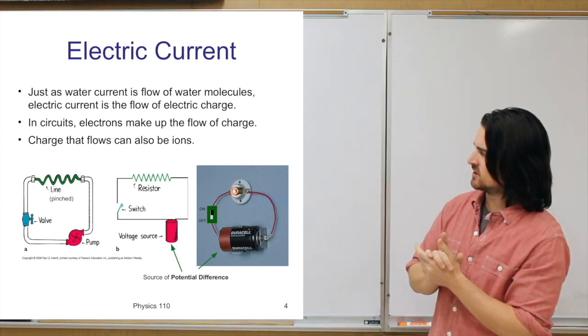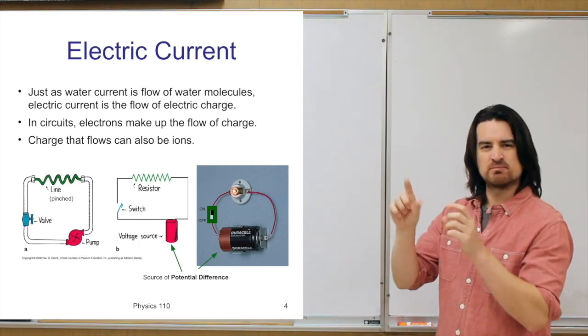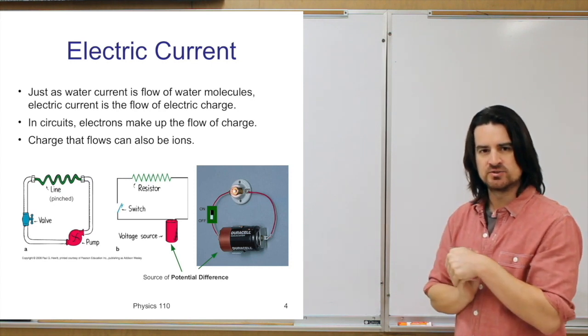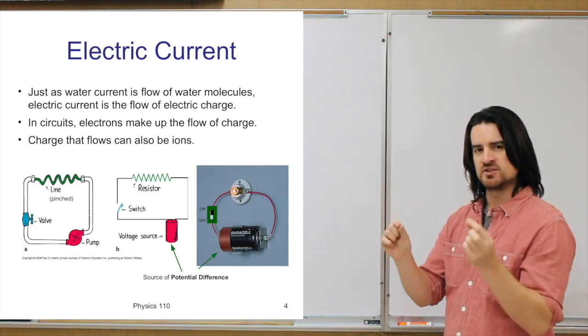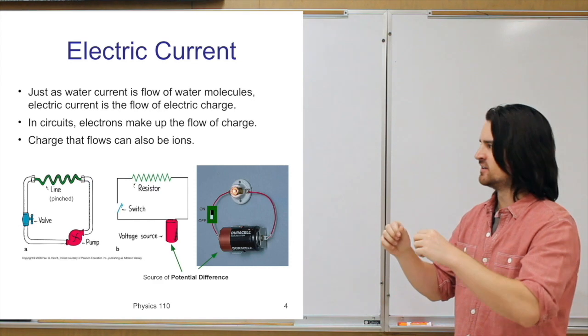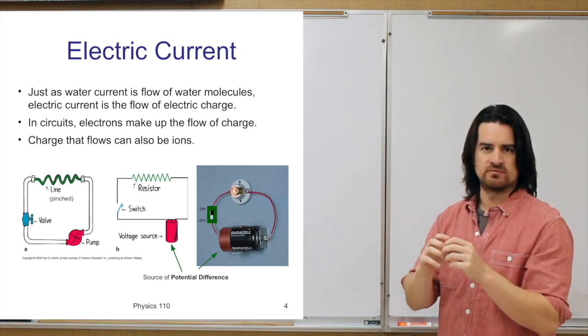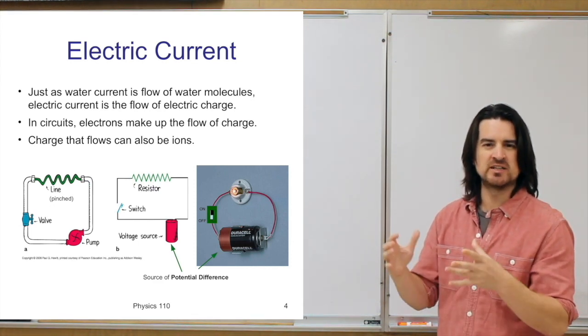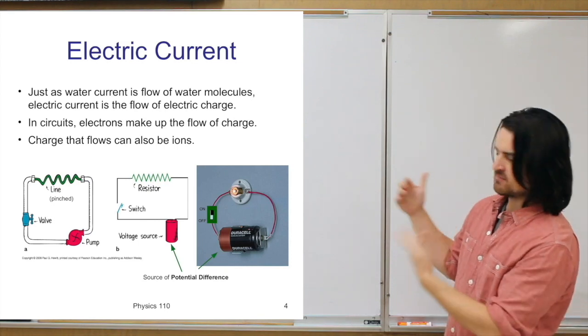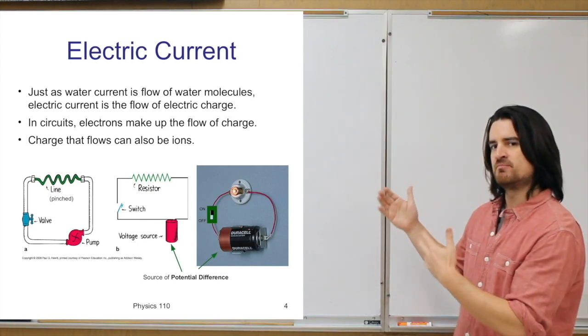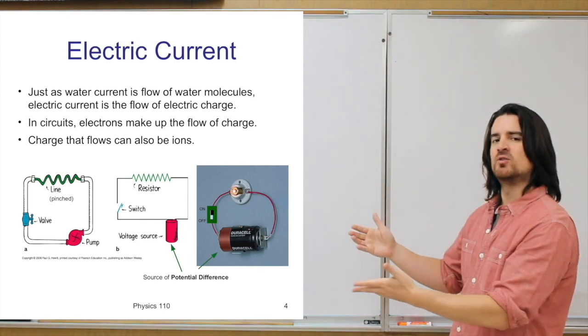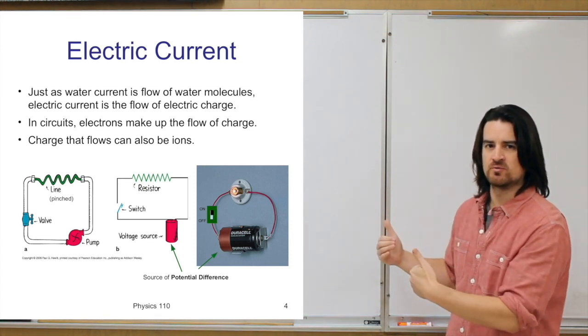Whereas this line part you can think of as a pinched or kinked hose, where depending on how pinched it is or how many kinks there are in it, it restricts the flow of water. It impedes the water's flow. That picture is a basic analogy for how a simple electrical circuit works.